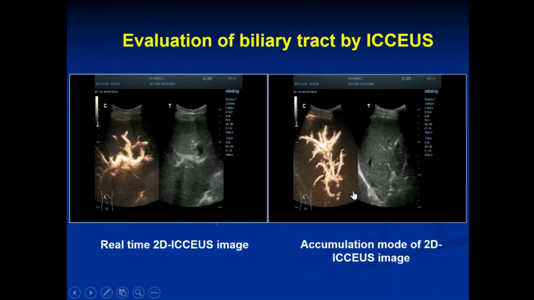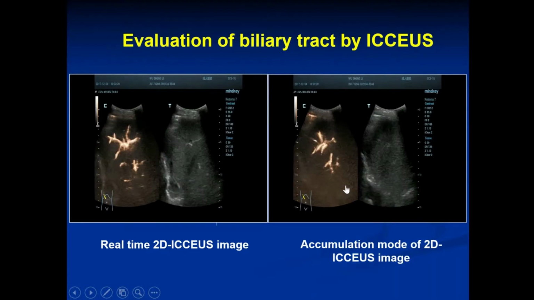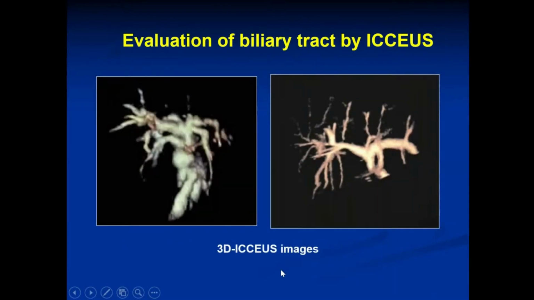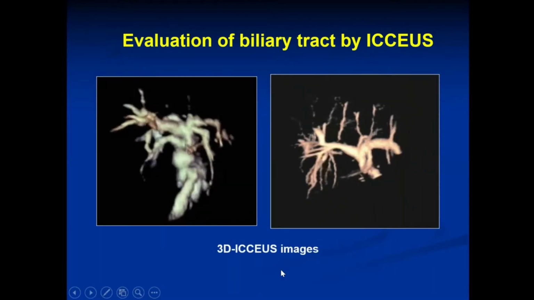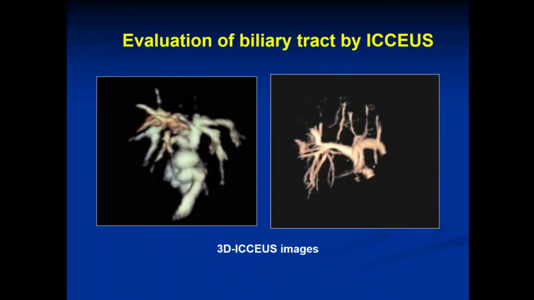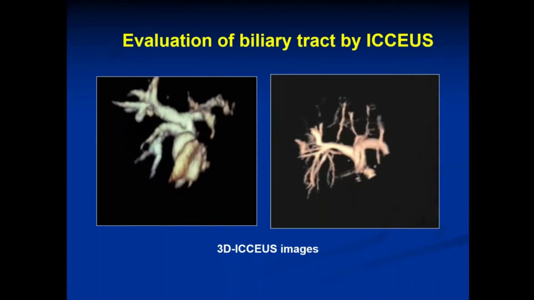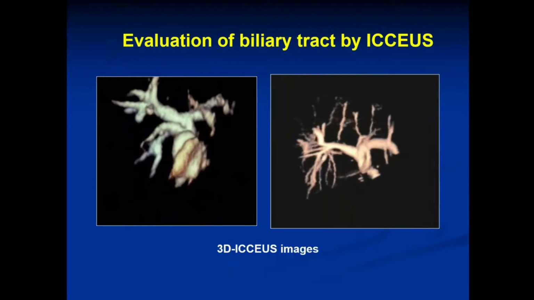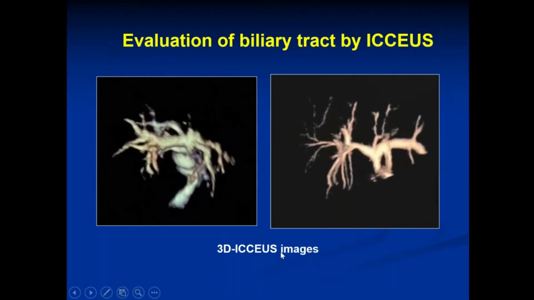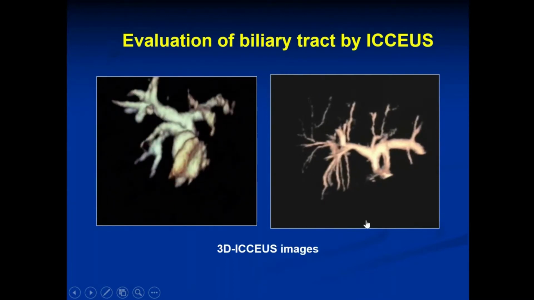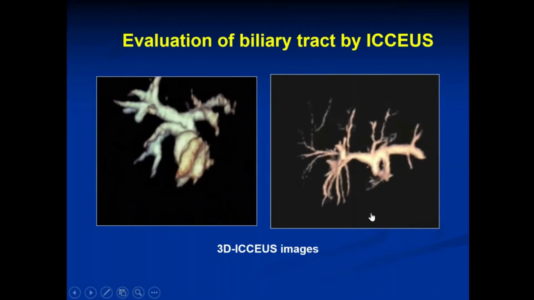It is better for delineating the continuity of the bile ducts. Besides 2D ICCEUS, we can also perform 3D ICCEUS to display biliary tract stereoscopically. We can see the biliary tract structures more intuitively.